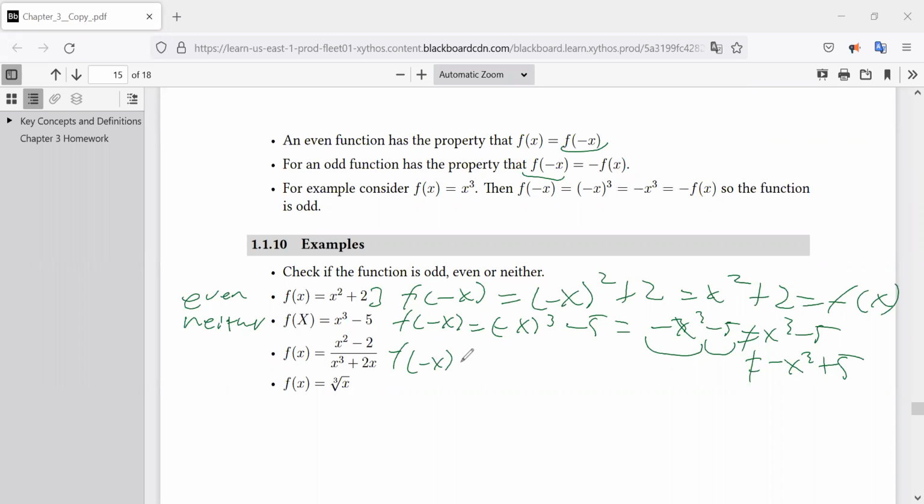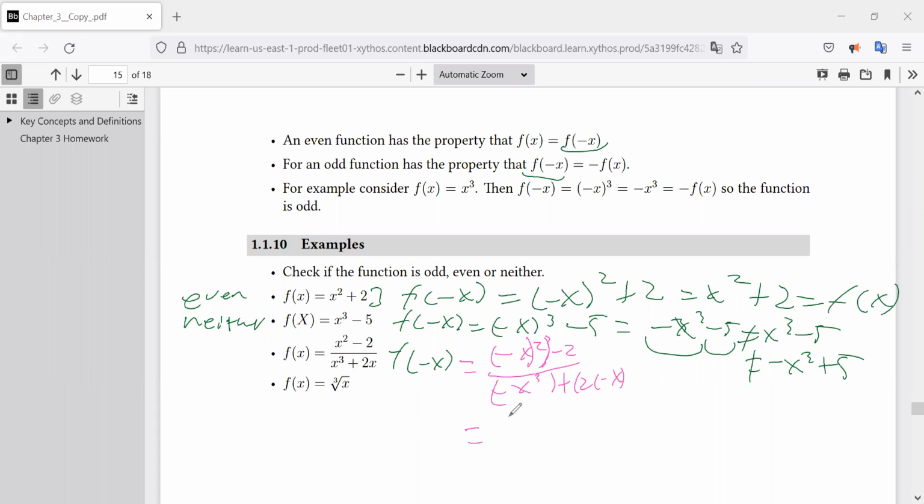So f of negative x here, I'm actually just going to change colors so that's clear what I'm talking about. That's going to be equal to negative x squared minus 2, divided by negative x cubed plus 2 times negative x.